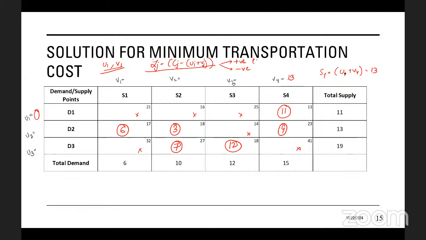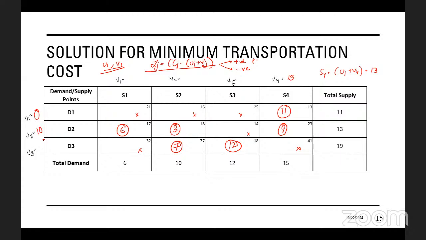As u1 is 0, v4 has to be 13. Now similarly, D2S4 is 23. So u2 plus v4 is the cost of D2S4. So 23 minus 13, u2 would come out to be 10.